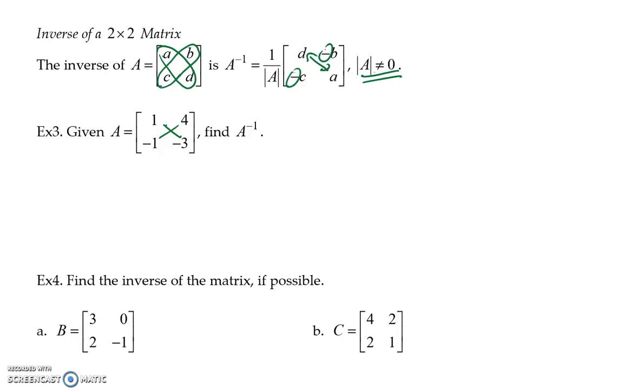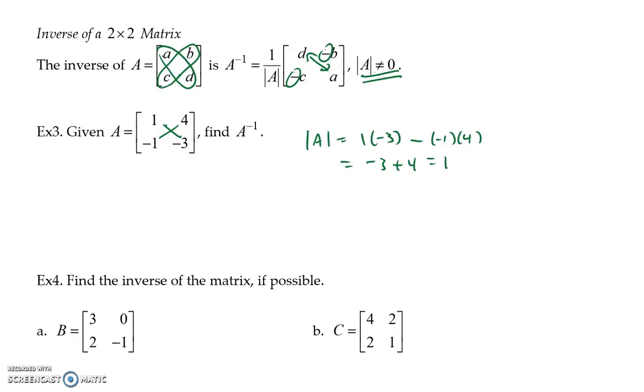So the determinant of A is 1 times negative 3 minus negative 1 times 4. That is, it's negative 3 minus negative 4, which will be plus 4, which turns out to just be equal to 1.